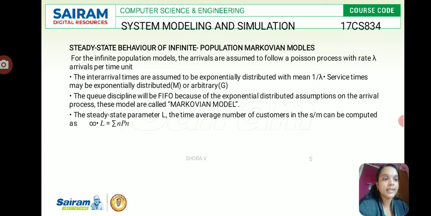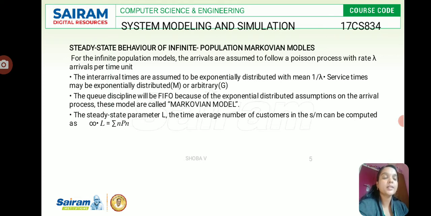Now we will see the steady-state behavior of infinite-population Markovian models. Normally in the calling population, we have either a finite or infinite one. The arrivals are assumed to follow a Poisson process with rate lambda arrivals per unit time.